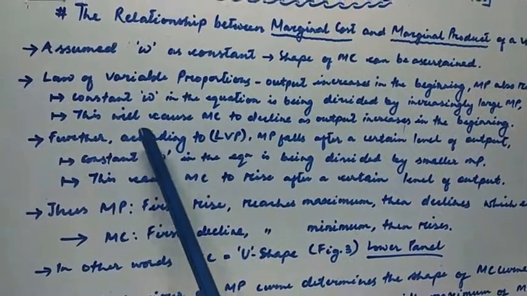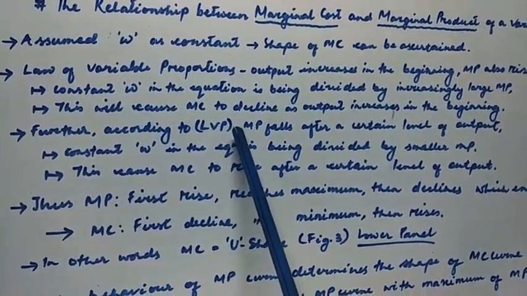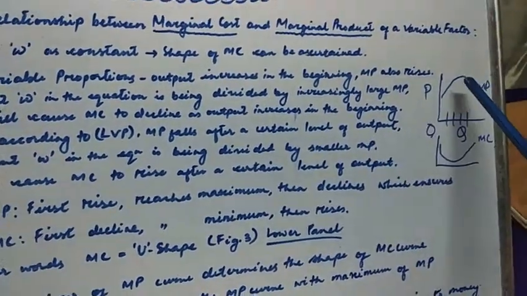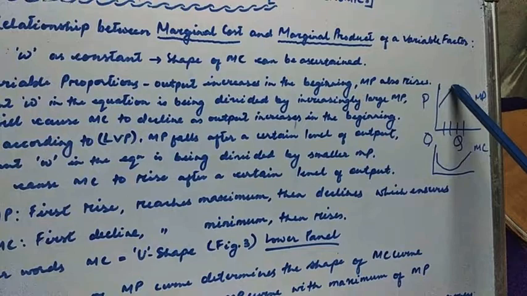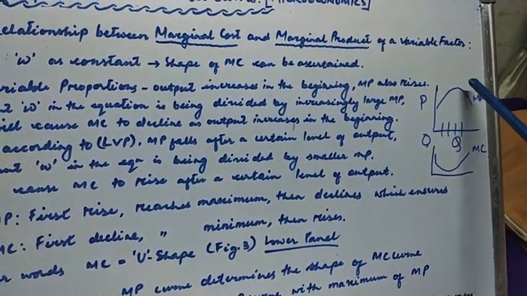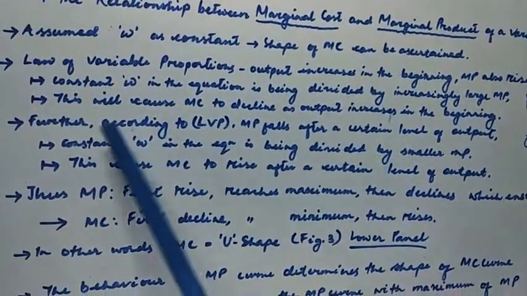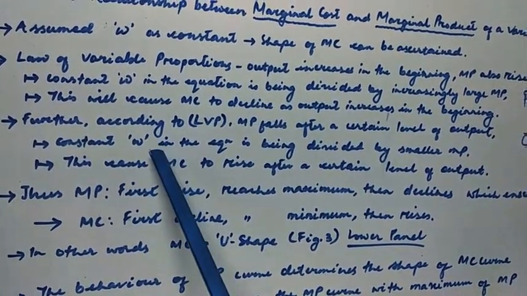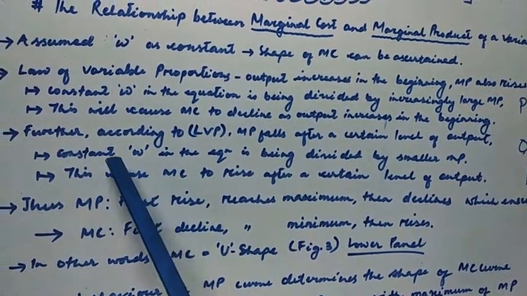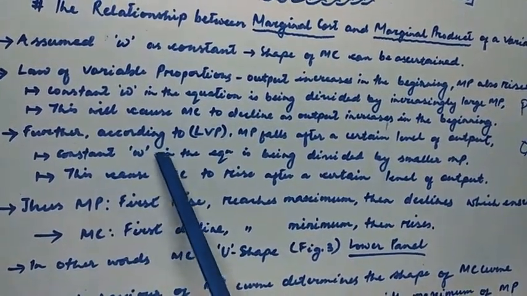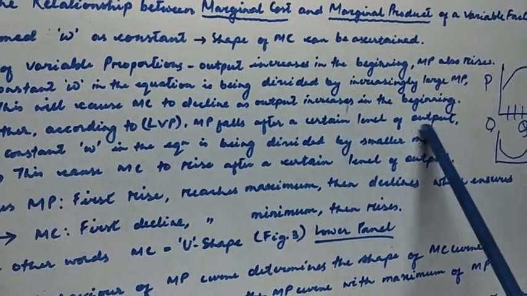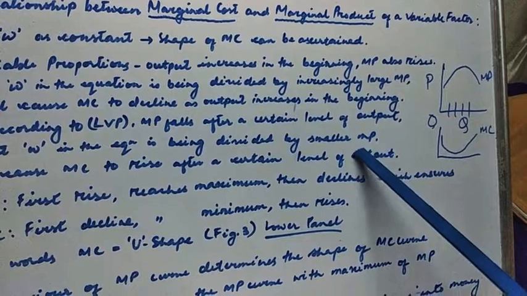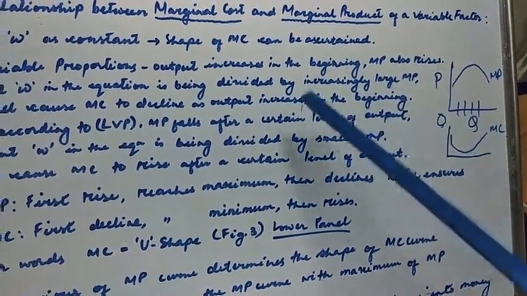And further, according to the law of variable proportion, marginal product falls after a certain level of output. So let us say after reaching a certain level of output, this marginal product begins to fall. When this marginal product starts falling, this constant W in the equation is being divided by a smaller MP, which means that the marginal product is becoming smaller and smaller.